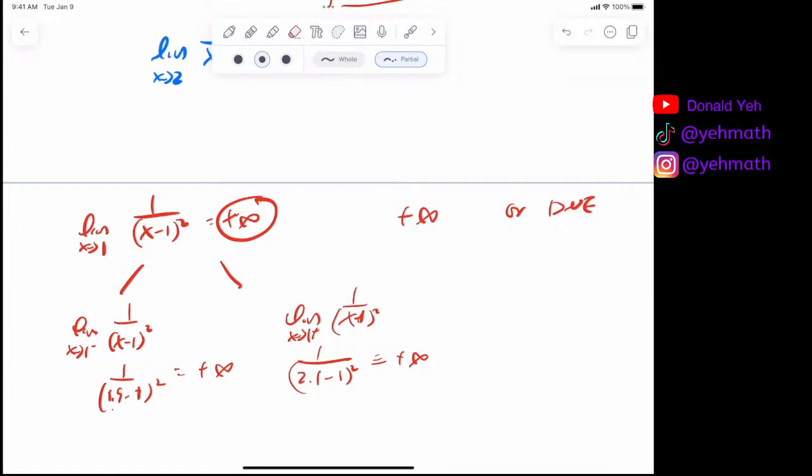She says, according to the AP board, they will not give you both answer choices present in one problem. It's either going to be positive infinity because you verified both sides are positive infinity, or it's going to be does not exist due to the vertical asymptote. But it's not going to be both answers there, so you don't have to worry about that.